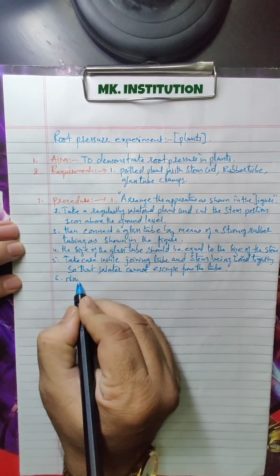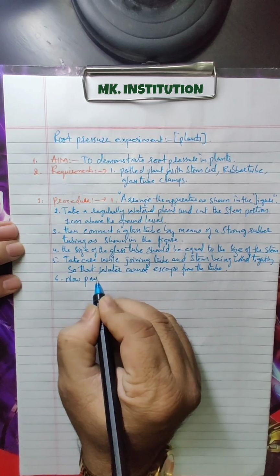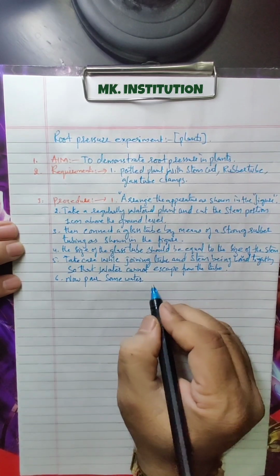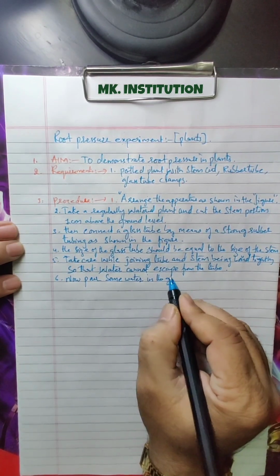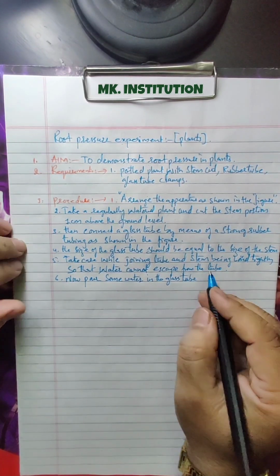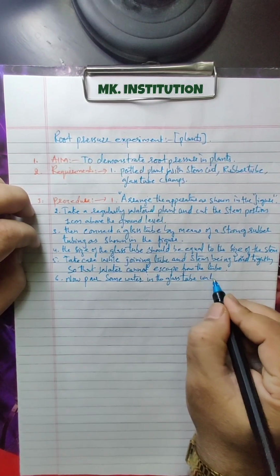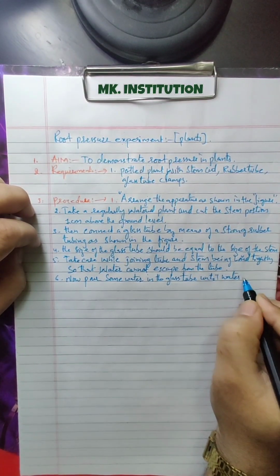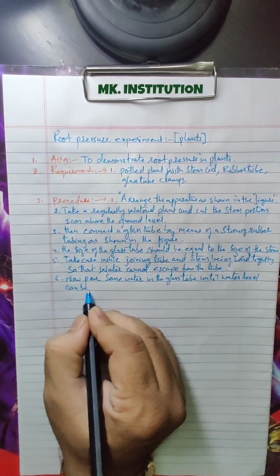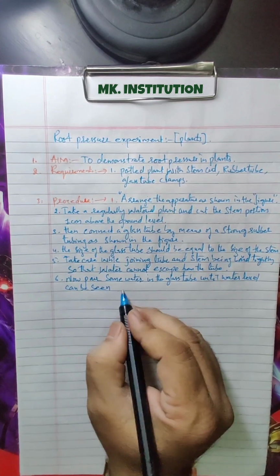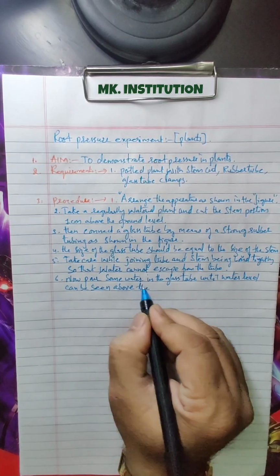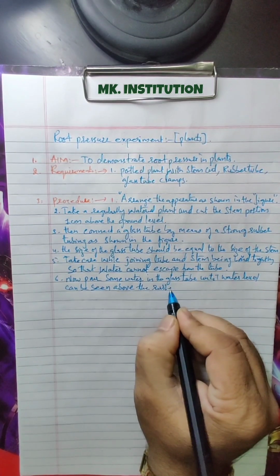Then now pour some water in the glass tube, until the water level can be seen above the rubber tube.